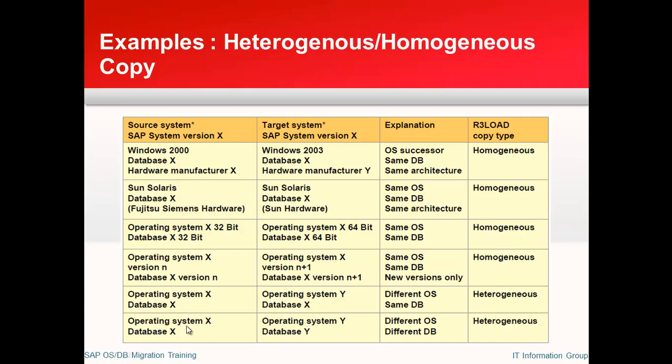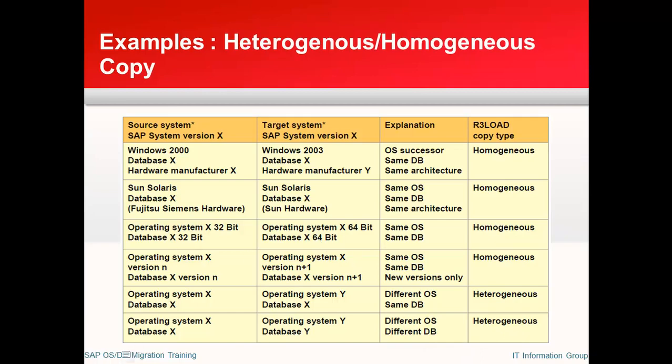Okay, the next one is operating system X, database X, going to operating system Y, database Y. So in this case we have a different OS, different database, so we will call this also a heterogeneous system copy.